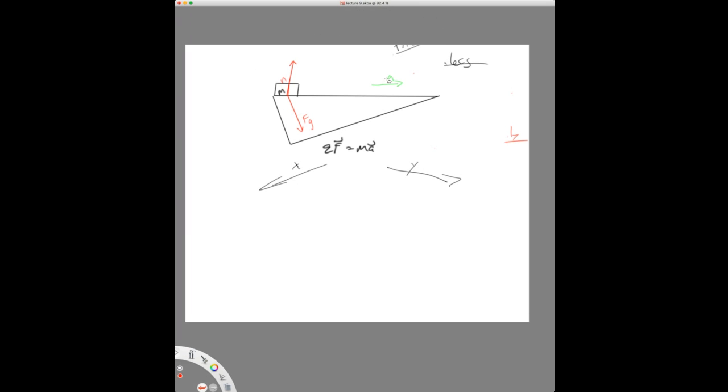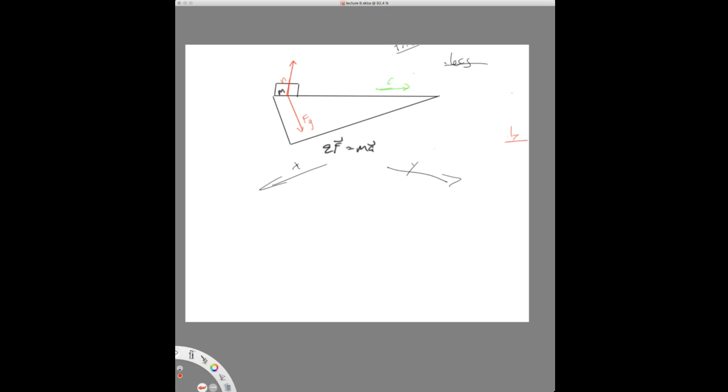It should have the acceleration just pointing exactly in the x direction. Let me clean that up a little bit. That would have been easier. That's what we called A, but now we could call it just AX because it's only in the x direction.